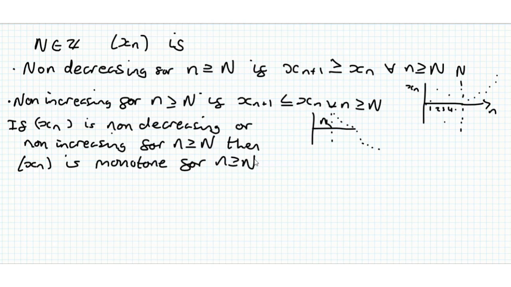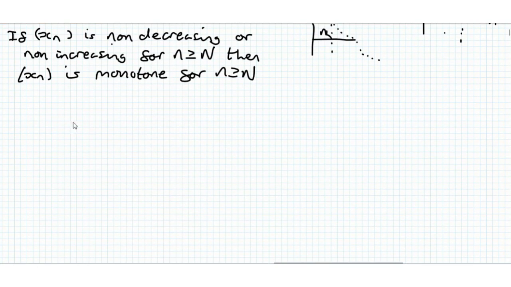Okay, so if a sequence is monotone, it just means it's either non-decreasing or non-increasing. So now we'll look at why this is useful.